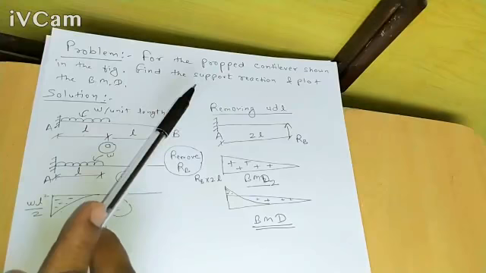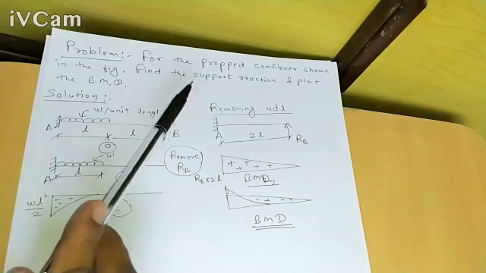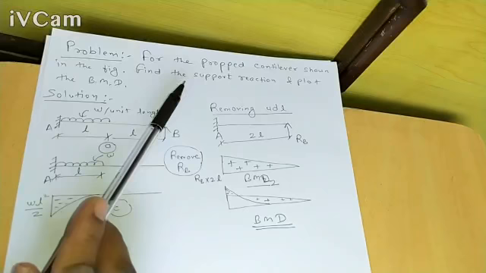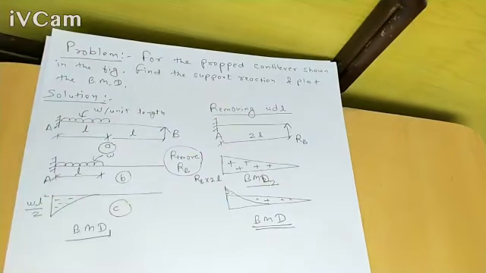So now we will make it like this. Here the M by EI diagram is to be drawn.